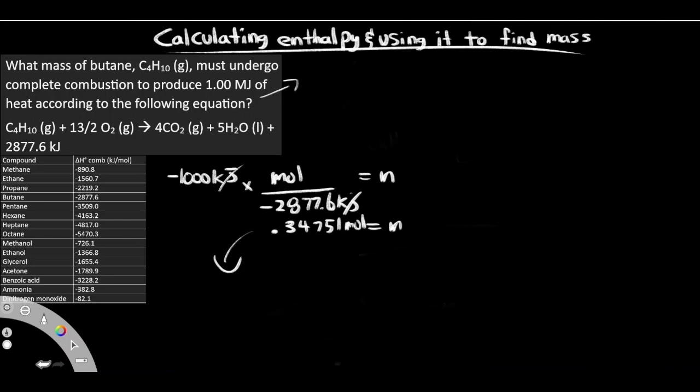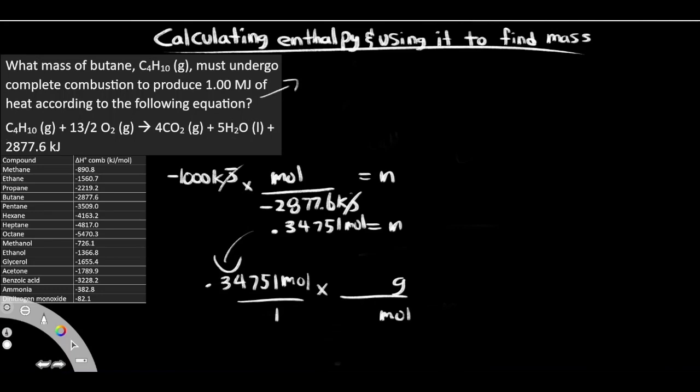So I'm just going to bring it over here. So this is how much moles I have. Multiply by a fraction, because technically this is over a fraction. Moles always on the bottom so that they can cancel out. How much grams? Well, look for C4, so you just do 4 times the 12.01 grams per mole of carbon on your periodic table, plus the 10 hydrogens times 1.01 grams per mole on your periodic table.